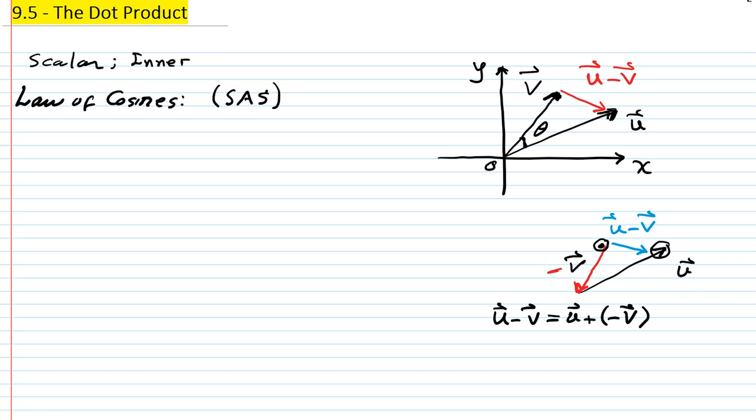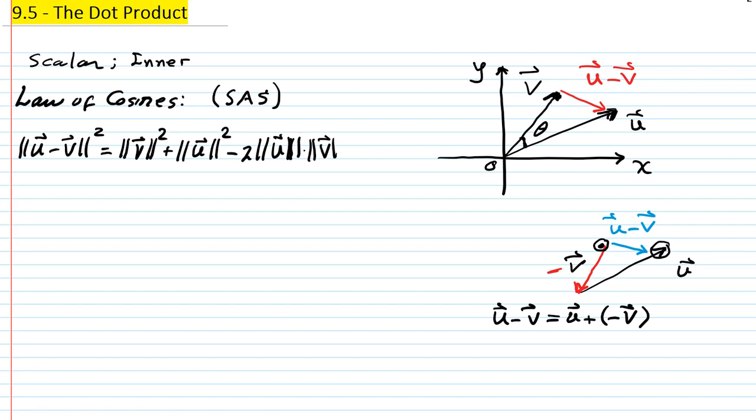Therefore, I can do the magnitude of u minus v. Now, by the law of cosines, the square of one side is equal to the sum of the squares of the other two sides, minus twice their product, the magnitudes of the vectors in this case, times the cosine of the included angle, in this case theta.